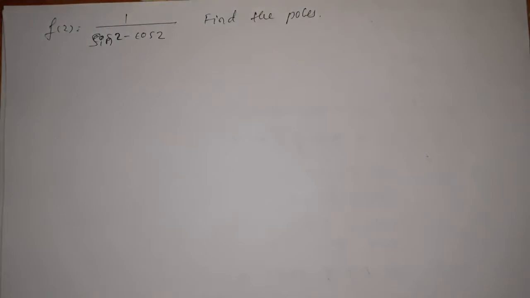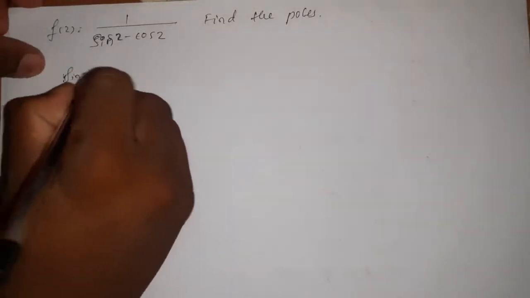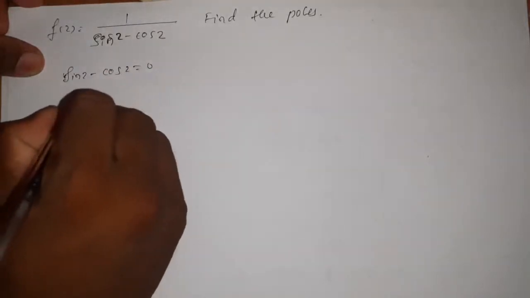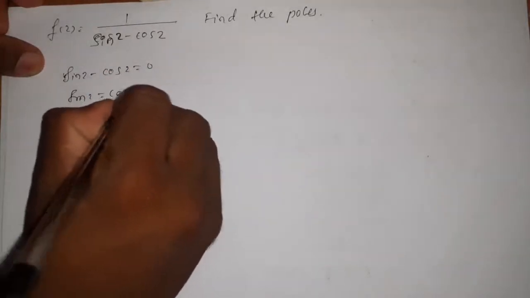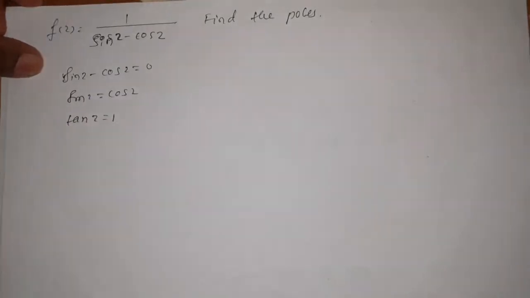Next example, f of z equal to 1 divided by sin z minus cos z, and we need to find the poles of this function. So here by equating the denominator to 0, we get sin z equal to cos z, or tan z equal to 1.